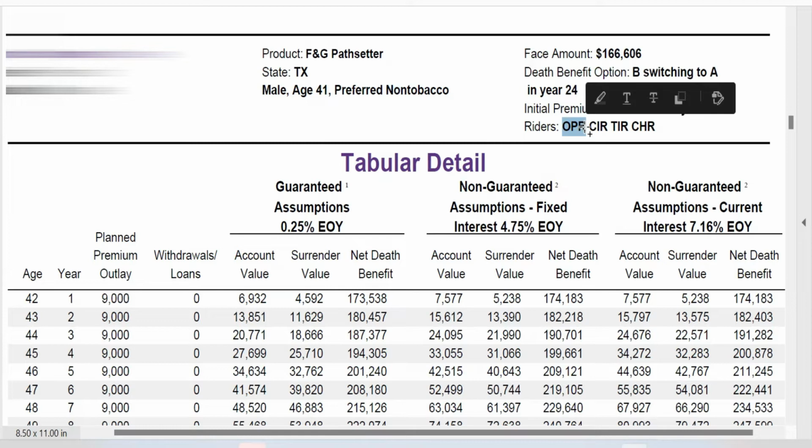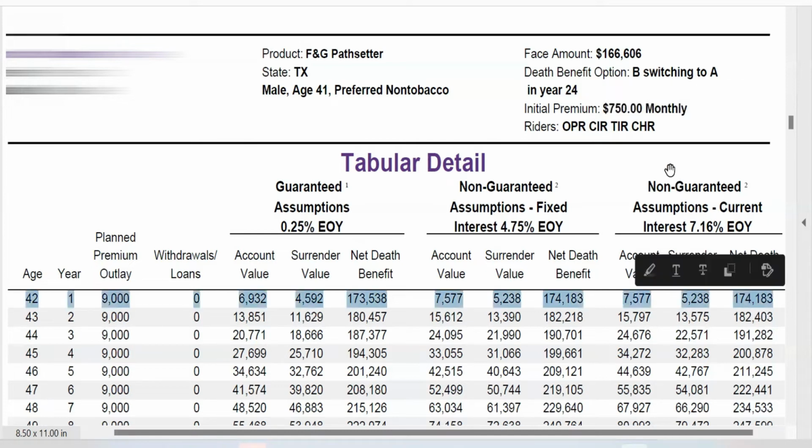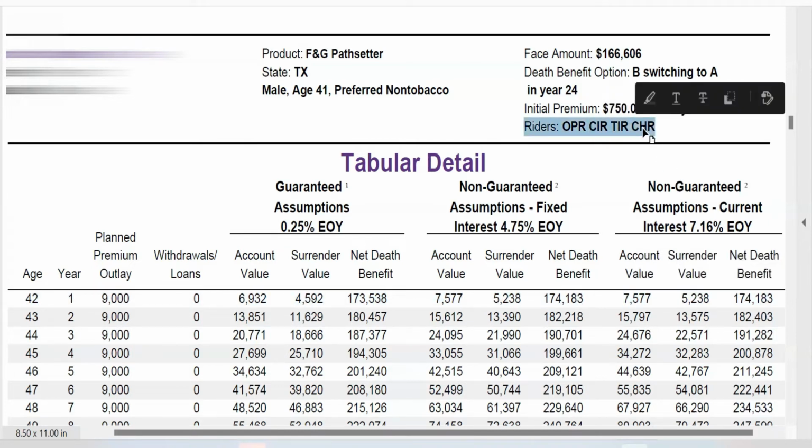He also has a critical illness rider, meaning that if he falls critically sick and the doctor says so, then he can get an advance of the death benefit. I will talk more about that later. He also has a chronic illness rider, and then the terminal illness rider.